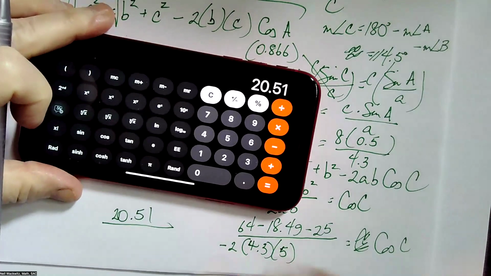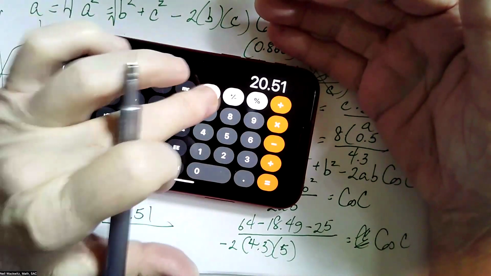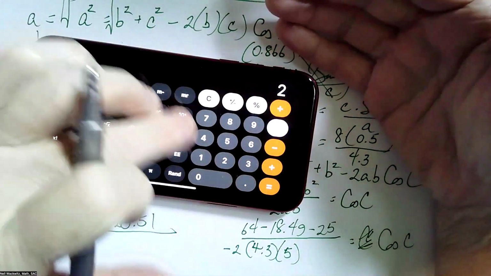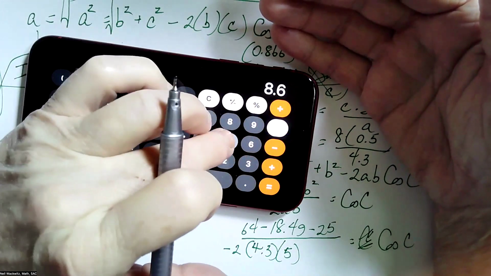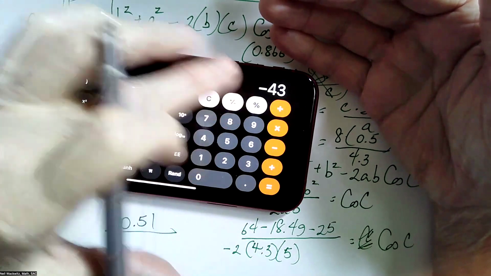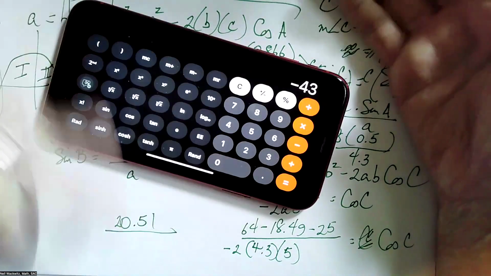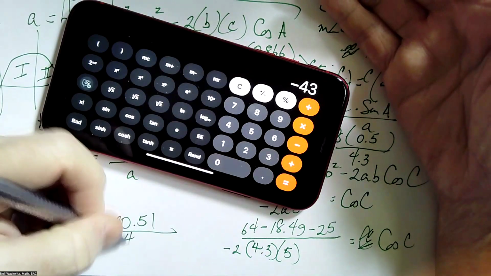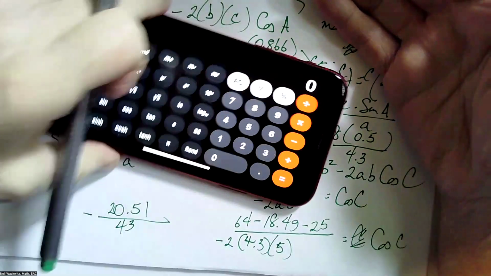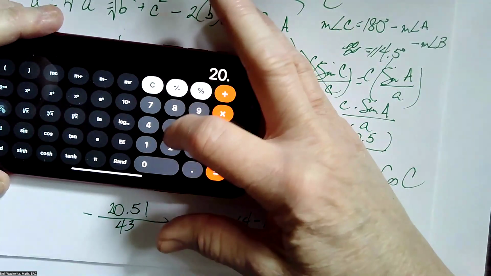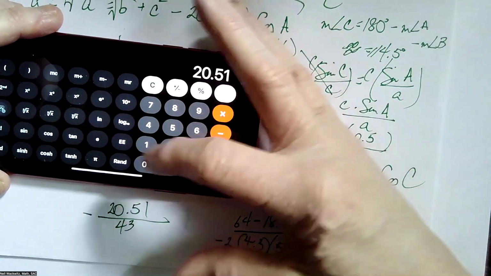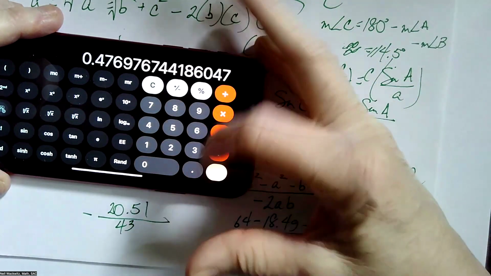And let's find this product and then divide. So we have 2 times 4.3 times 5. And we want to negate that. So negative 43. So we've got 20.51 divided by 43.